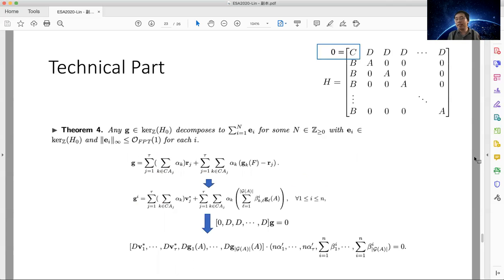Then an interesting thing follows: if you further look at the i-th block of G of K, written in this way, you will realize that if you take GK minus the corresponding canonical vector, then in each block it actually lies in the kernel of the small submatrix A. This allows us to further decompose this part into a summation of kernel elements whose infinity norm is bounded.